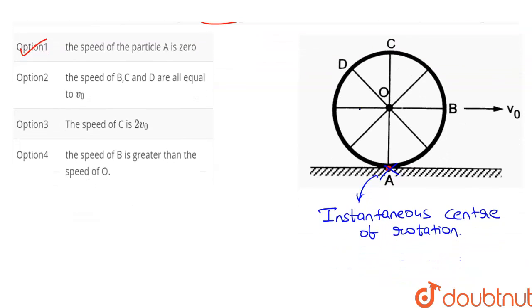That means that we can assume that the whole ball is rotating about point A at this instant, and the angular velocity, let's assume to be omega.